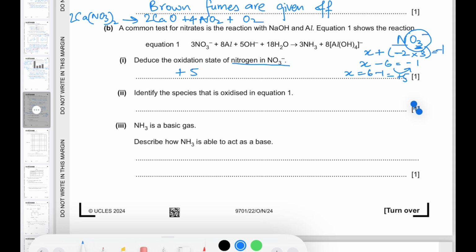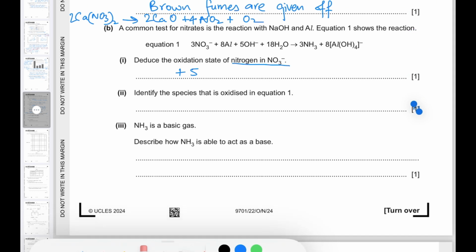Identify the species that's oxidized in equation 1. Alright, so the answer to part 1 is almost a hint for you to use the oxidation states of all the species involved in this reaction to write the answer to this question. There are a few elements that have their standard oxidation states.